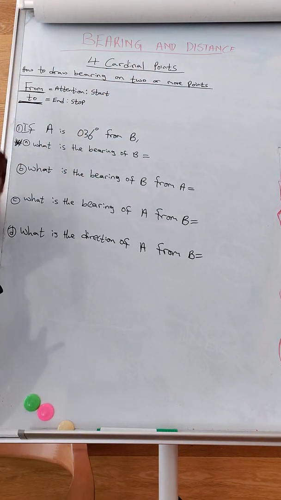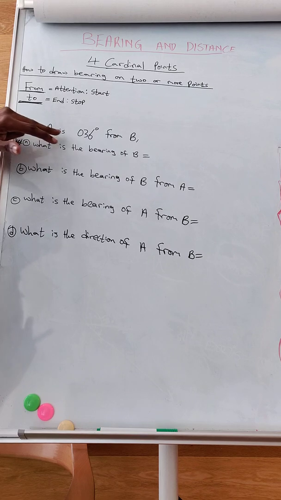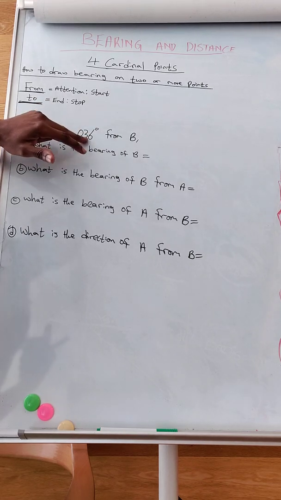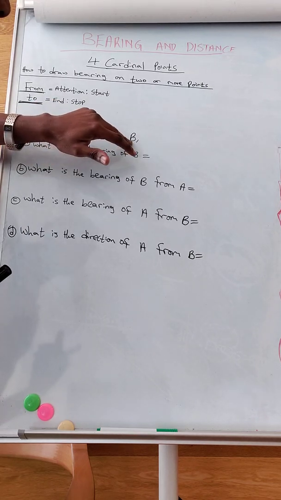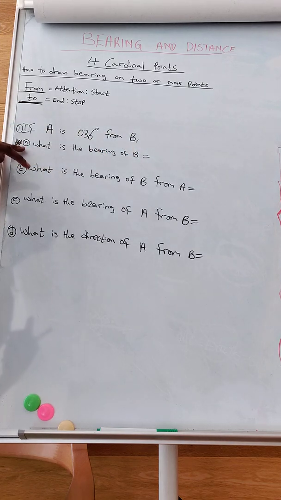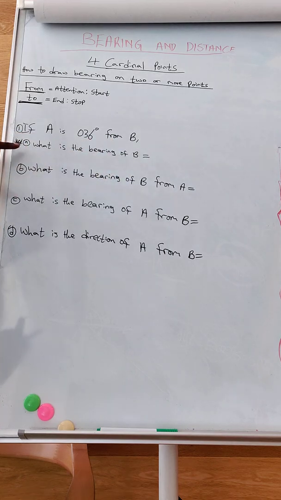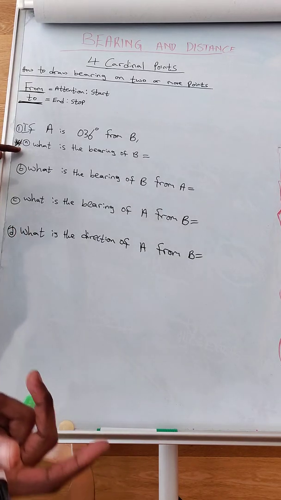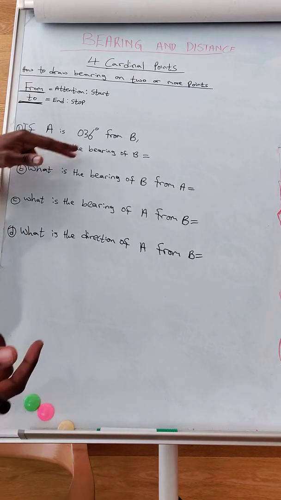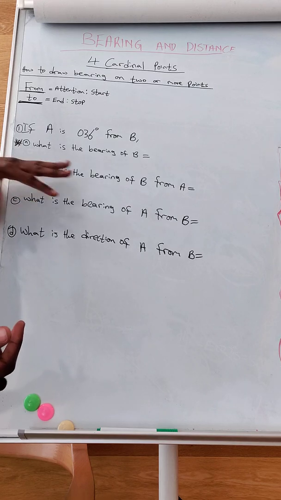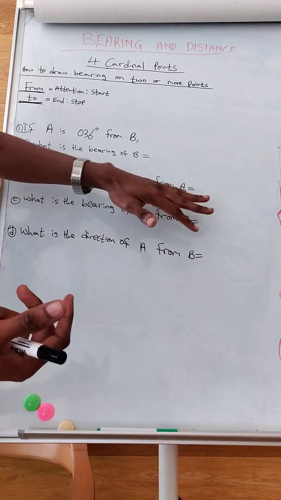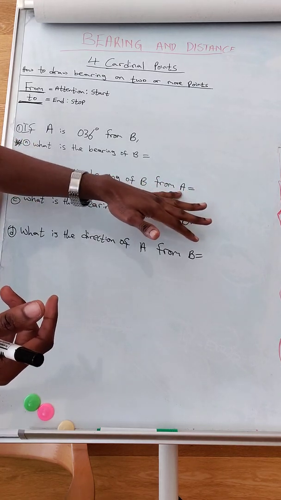Now, let's look at this question. If A is 36 degrees from B, the first question is, what is the bearing of B? I put a star on this question because it is very simple and not common, so don't expect this type of question. The next question is, what is the bearing of B from A? You are seeing it.